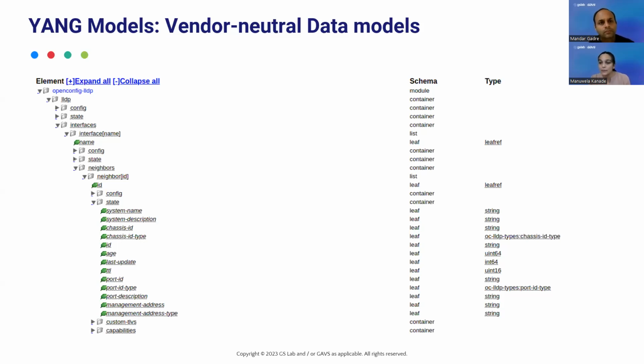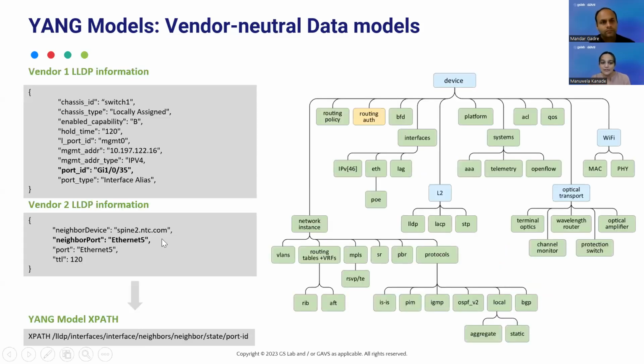You don't have to apply transformations anymore. You don't have to get this information and transform it into something that is common and then analyze it further. So you already are doing queries for this port ID property, and then you can just collect it very simply on your network management system and then use it.